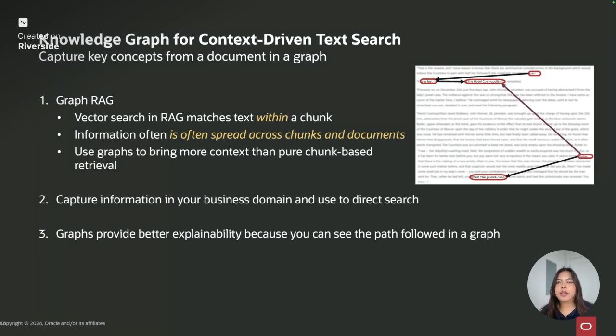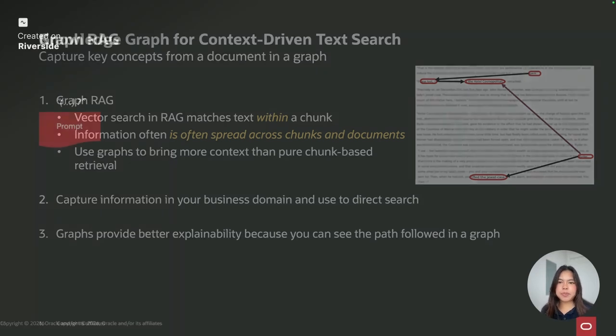When we create the graph from those chunks, we're able to add more context and help with hallucination of documents through a graph, right? So the most important part is we're capturing information from our business, right? That's the RAG part, because LLMs are normally not trained with our information, right? With our domain business, etc. And then with the graphs, we're able to provide better explainability by using graphs and traversal of entities, relationships, etc.